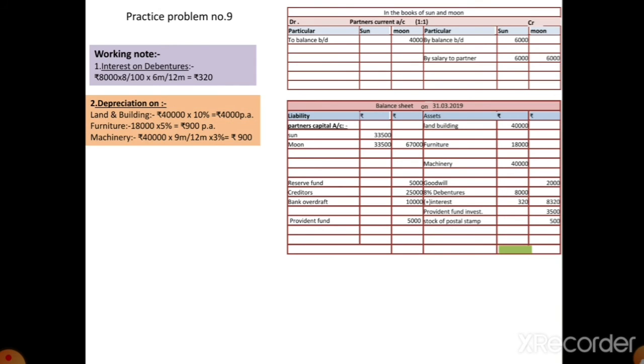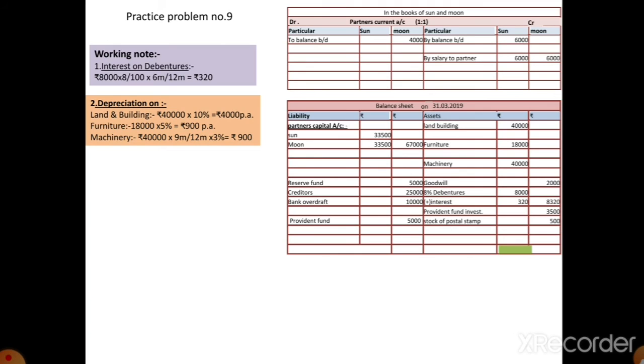Second adjustment, there is depreciation on land and building, furniture and machinery at the rates of 10%, 5% and 3%. So here depreciation we charge, so its effect is shown on the asset side of the balance sheet. We deduct it from the particular assets. First of all, we calculate the depreciation on land and building. How it is calculated, the working note of this depreciation is also available in front of you. Land and building 40,000 into 10%, we get the depreciation rupees 4,000.